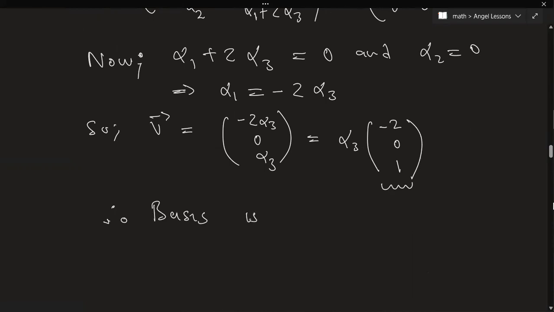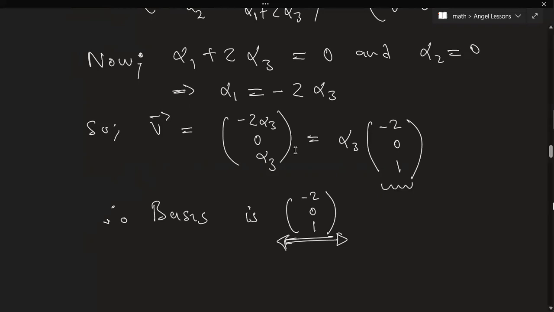You might have gotten a different one if you took things differently. Maybe you chose alpha 3 as the subject and wrote everything in terms of alpha 1, and you would get a slightly different thing, but the basis is just the basis. They don't have to look alike, they must be scalar multiples of one another.